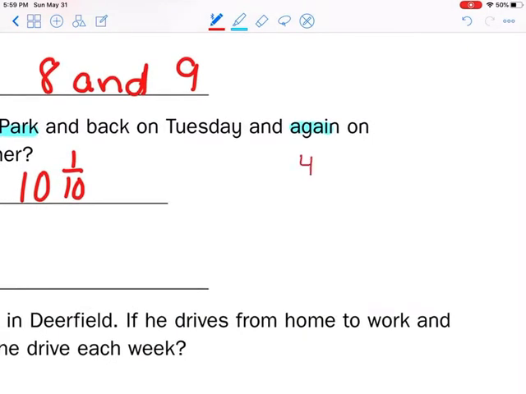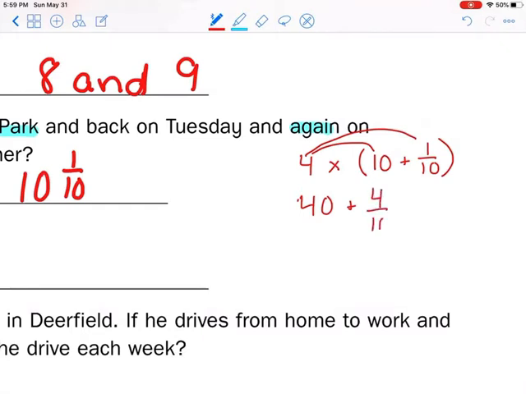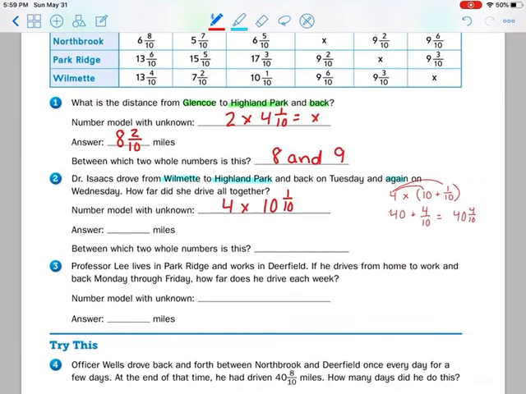So let's do that math. So it would be 4 times, I'm going to split up 10 1/10. So 4 times 10 is 40, plus 4 times 1/10 is 4/10, and your answer is 40 4/10 miles.